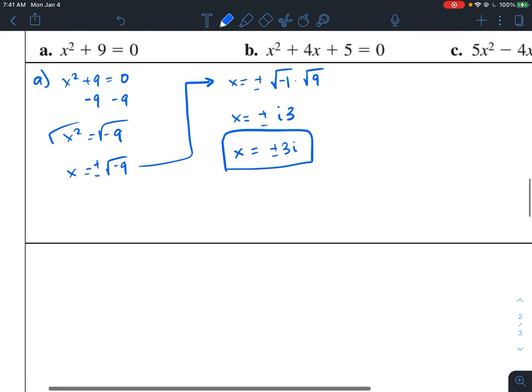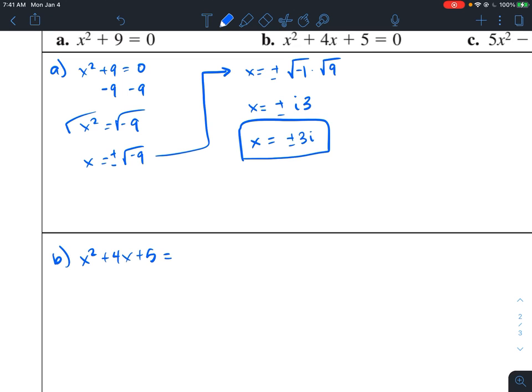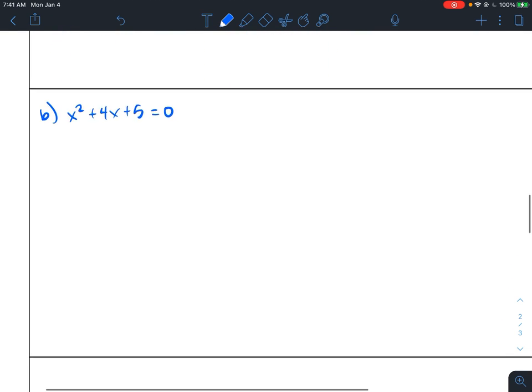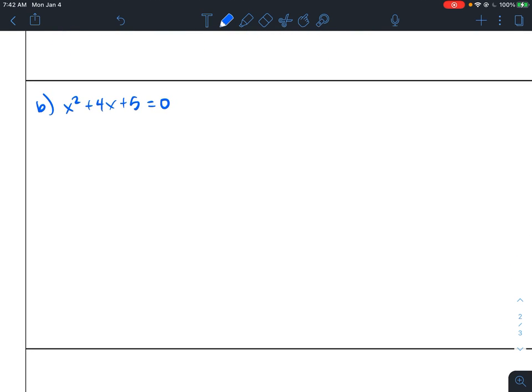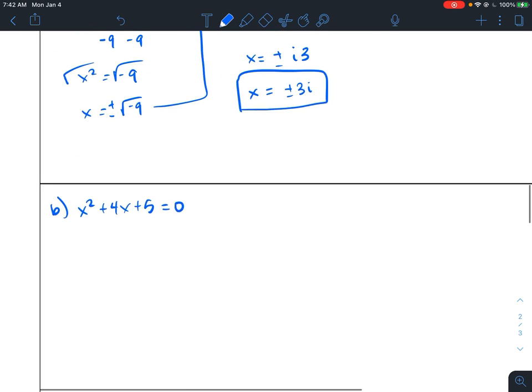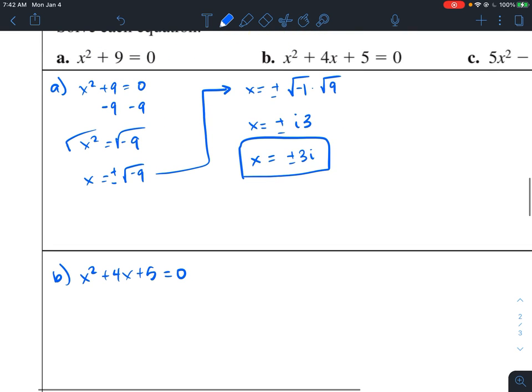Now let's try B. So x squared plus 4x plus 5 is equal to 0. Now this one right here, we can't solve it like we did before because we have this middle term right here.